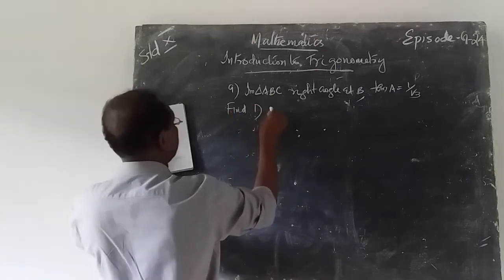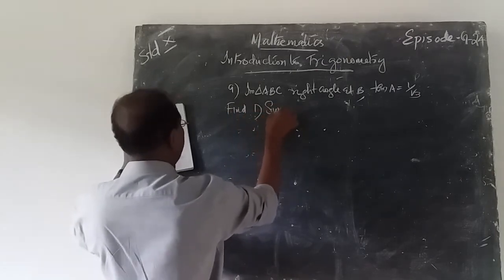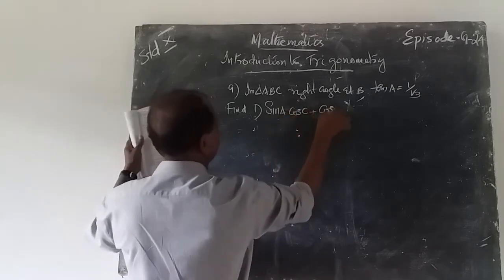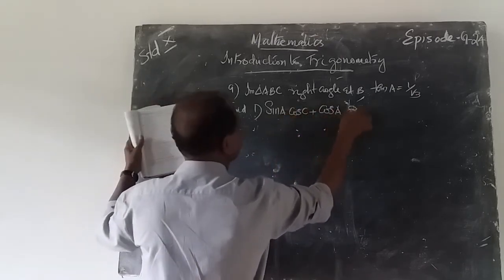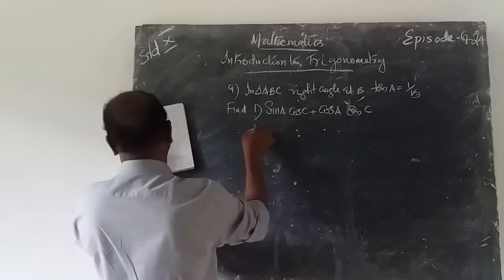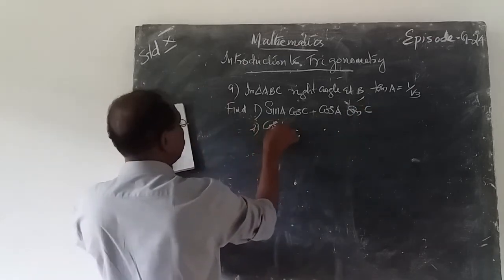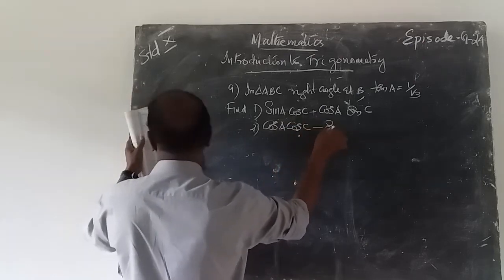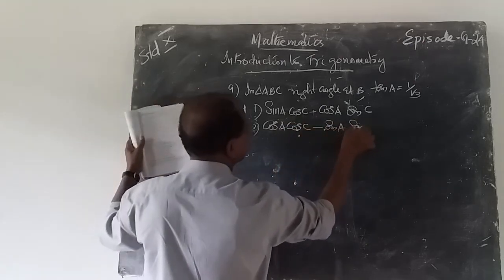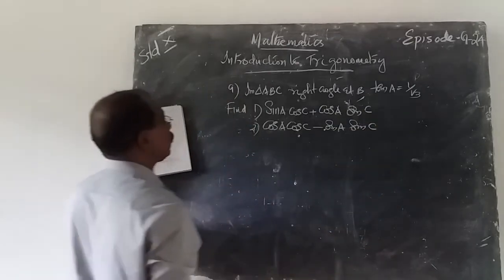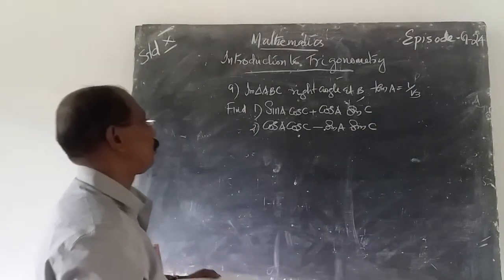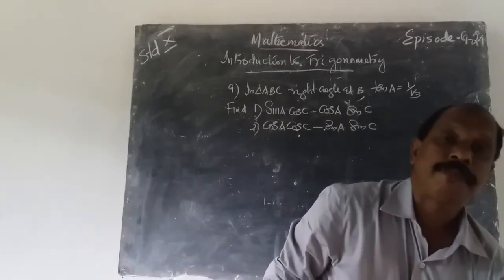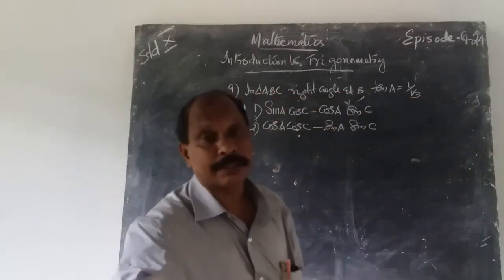Question number 1: sin A cos C plus cos A sin C. Second question: cos A cos C minus sin A sin C. The answer of the first question is 1 and the answer of the second question is 0.